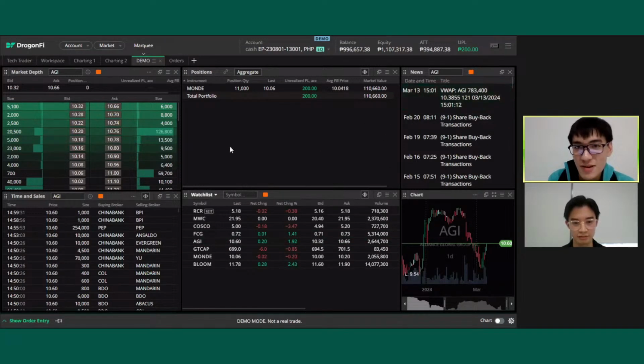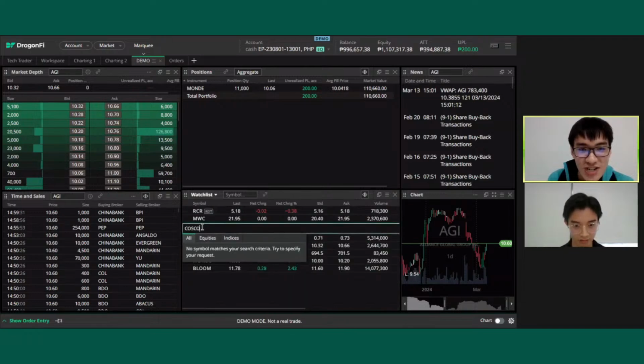Then here, a good thing you can also do is you can also link the widget. So for example, it's not linked at first. So let's unlink it first. So here, if you press FCG, if you notice the time and sales, the market depth, the news, they're still in AGI, right?